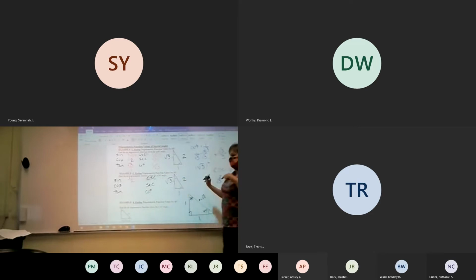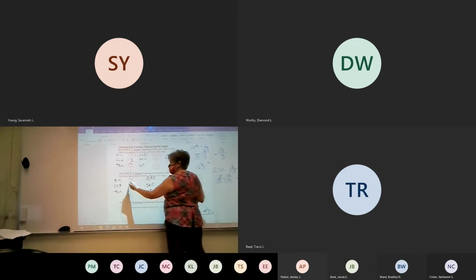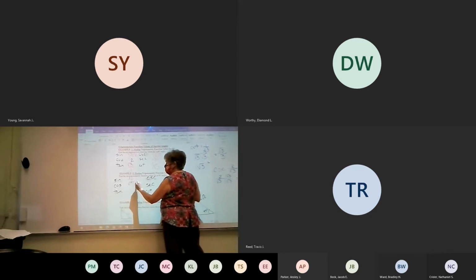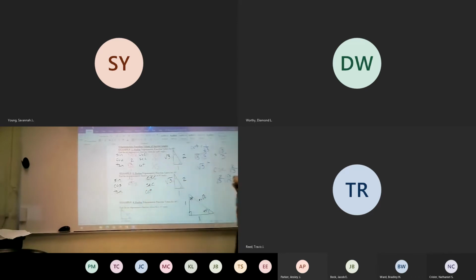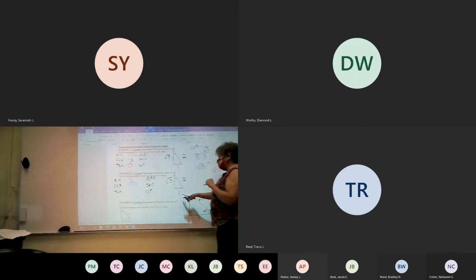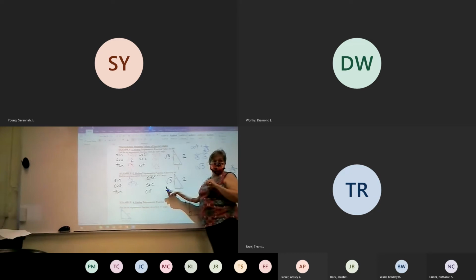The cosine of 30 is going to be the same as the sine of 60 because it's going to be the adjacent over hypotenuse, right? And that's the opposite over hypotenuse. So this is the square root of 3 over 2. What's the tangent going to be? Square root of 3 over 3 because it's going to be 1 over the square root of 3.